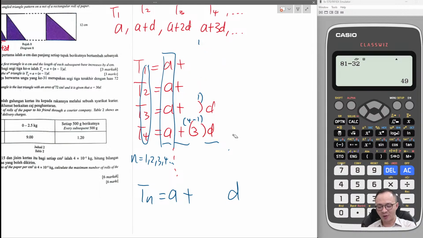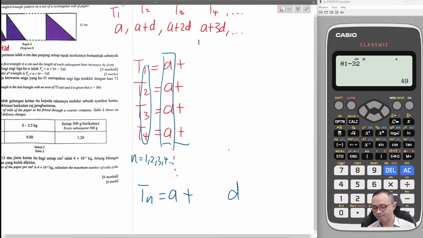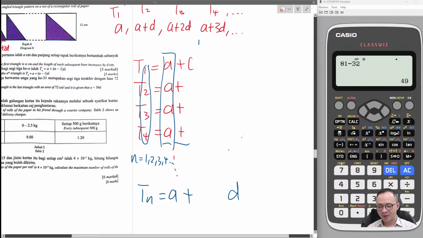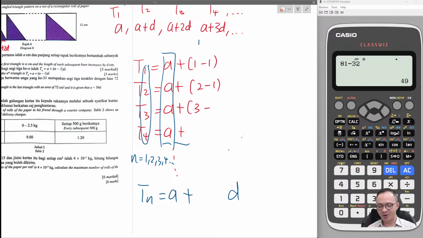let me rewrite the whole thing now. Therefore, this is 1 minus 1. This is 2 minus 1. This is 3 minus 1. This is 4 minus 1.